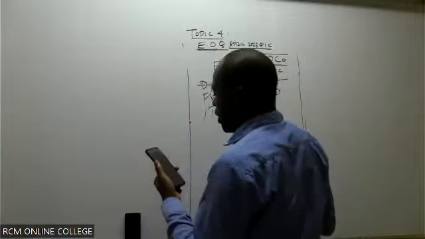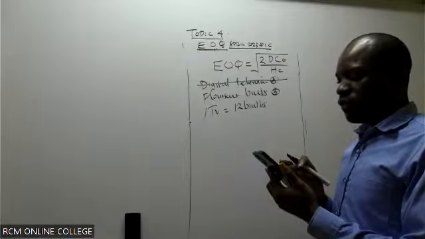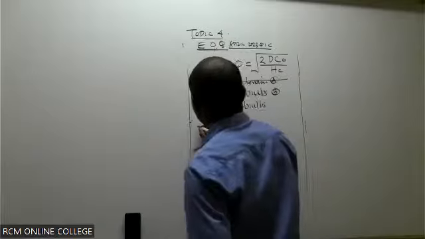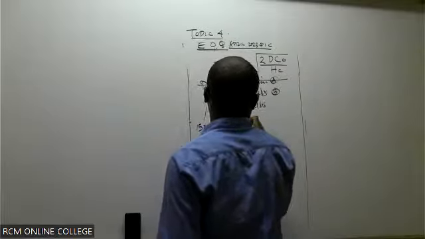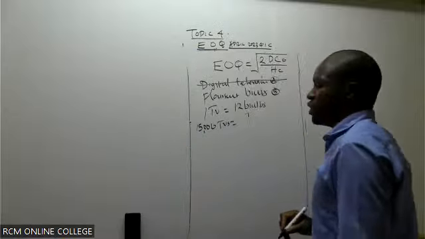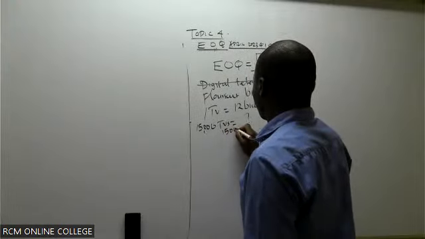Now, the company manufactures 15,000 digital televisions per year. 15,000 televisions will be equivalent to how many bulbs? So that's what we need to start with.